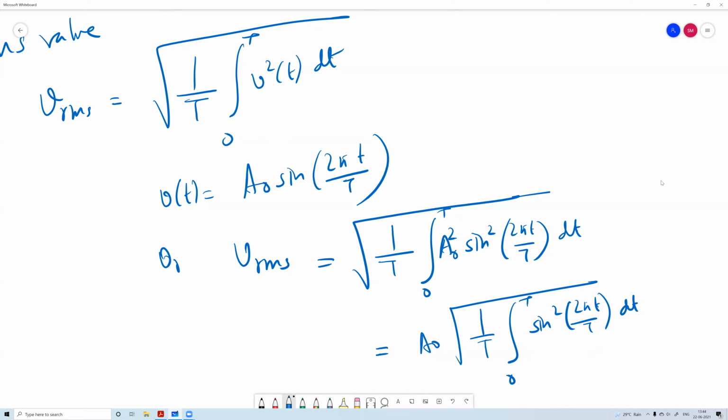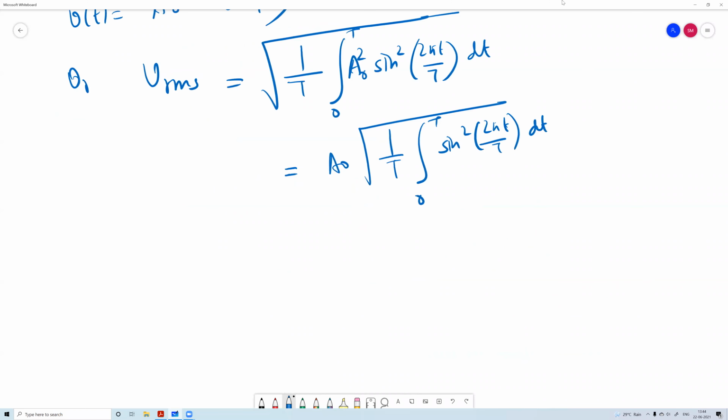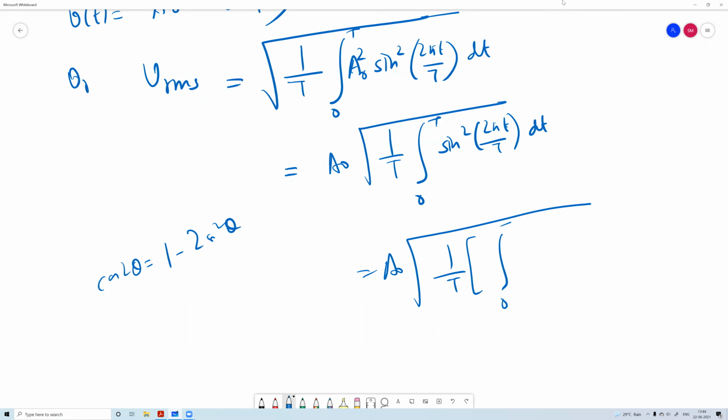Now I use the formula that cos 2 theta equals 1 minus 2 sin square theta. Is that right? So this would be A naught square, 1 by T, integral 0 to T dt minus integral 0 to T cos of 4 pi t by T dt.